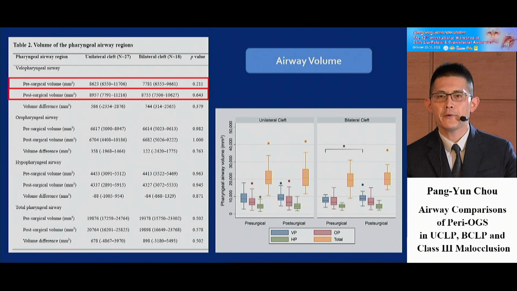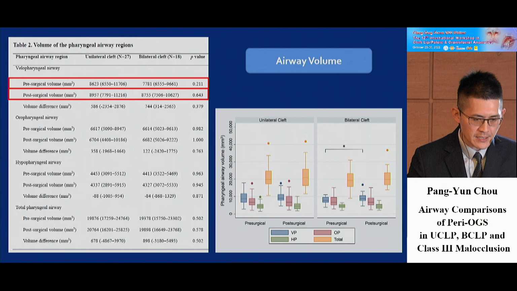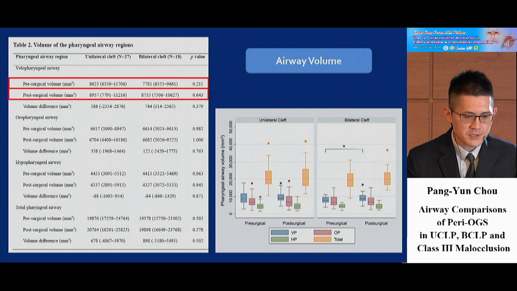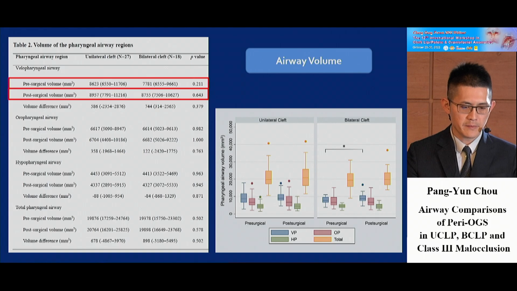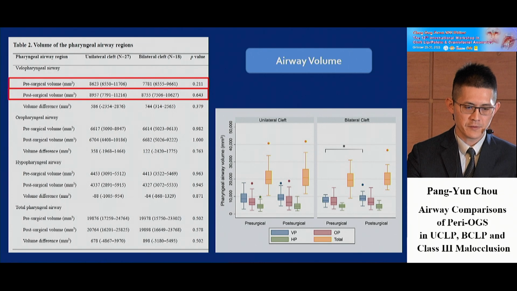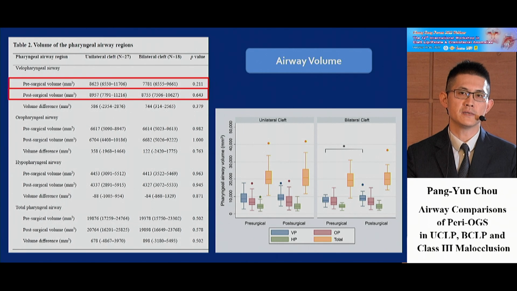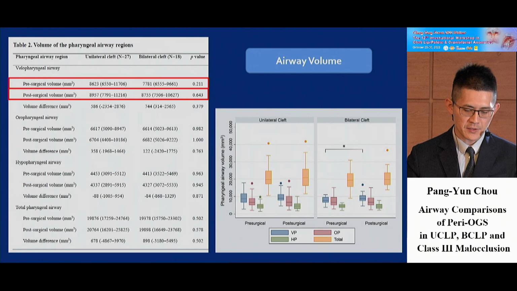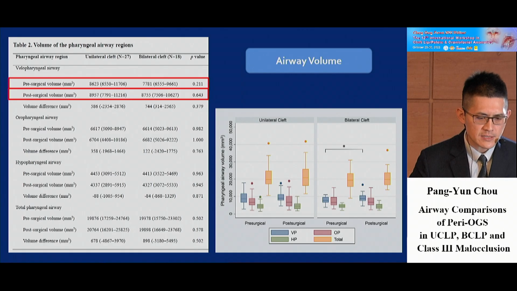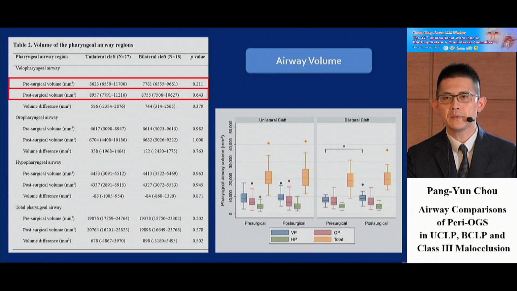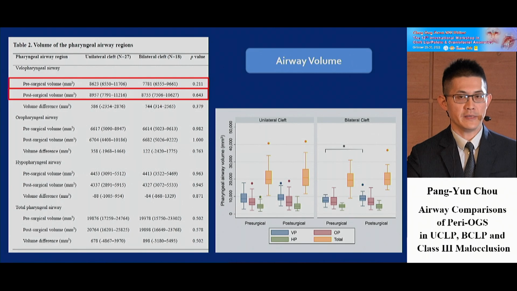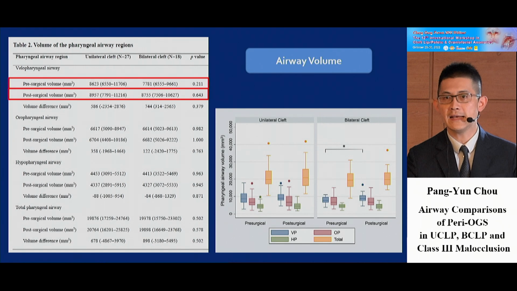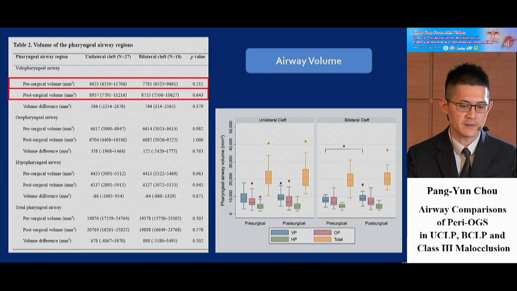So in the airway measurement, before the surgery and after the surgery, we only focus on the velopharyngeal airway, because in the literature review, this is the most important airway related to OSA occurrence. We can easily see that in UCLP patients before and afterward, there is a little bit of increase in airway volume, but it's not a significant difference.